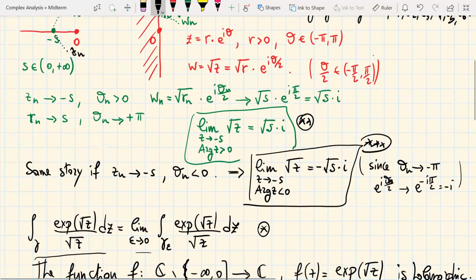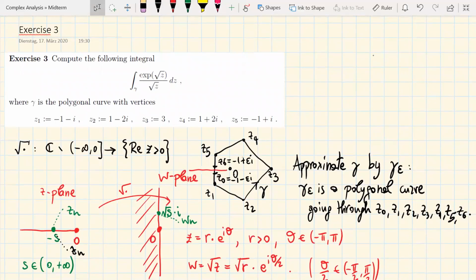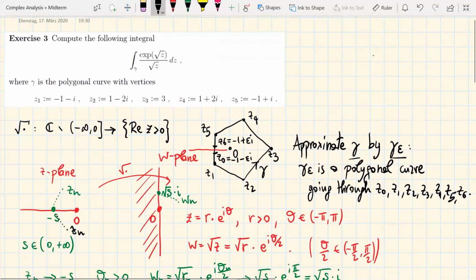Okay, so doing a recap, to prove this integral along the curve gamma, we observe that we can take this integral as a limit of the integral over gamma epsilon, where gamma epsilon is a curve which avoids the negative real axis, so that now the function we are integrating is holomorphic on the curve gamma epsilon.